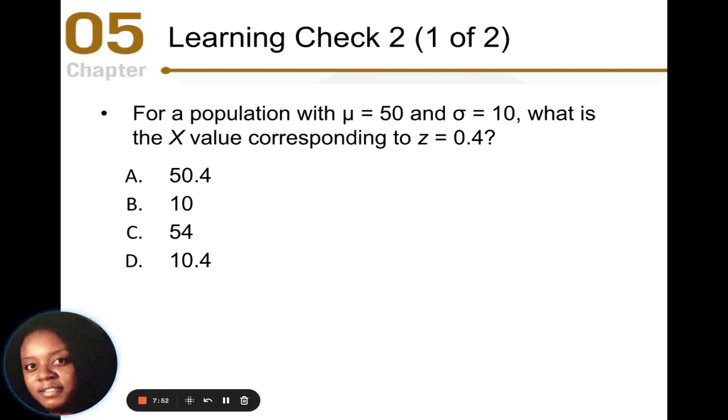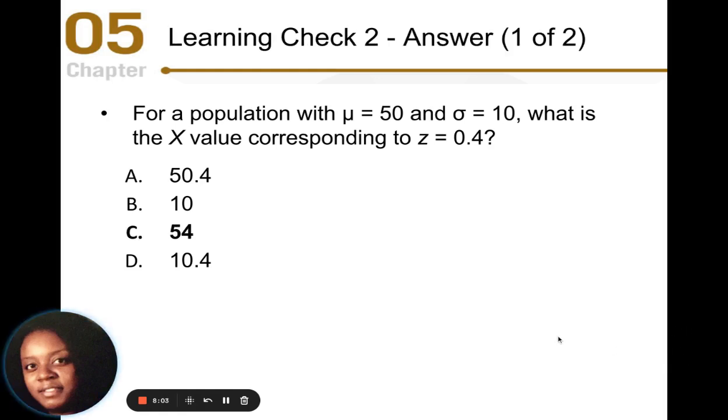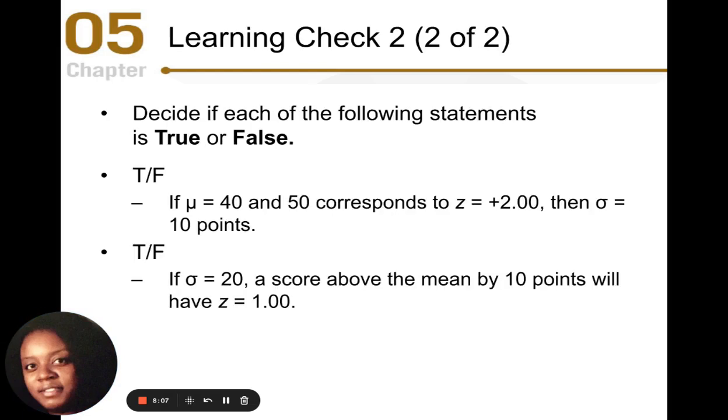I'll give you a few moments to think of your response. And then our correct answer is going to be C, once we calculate that out.